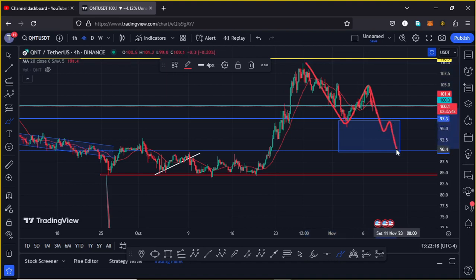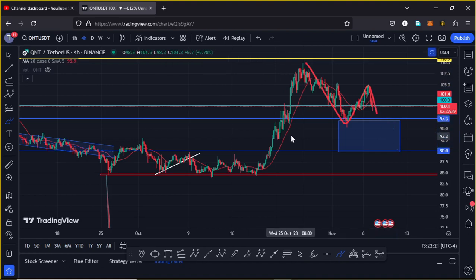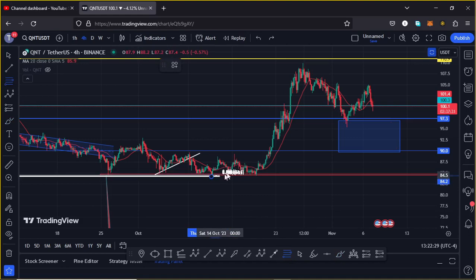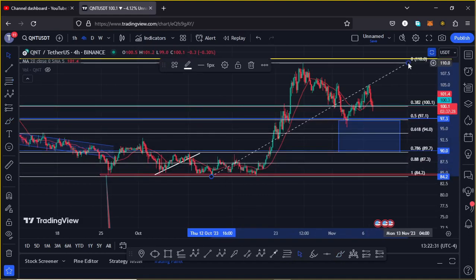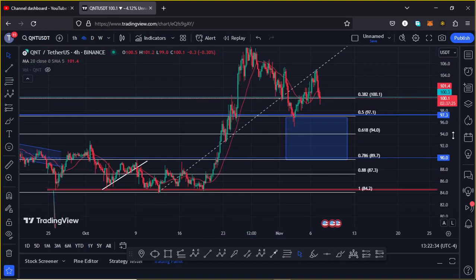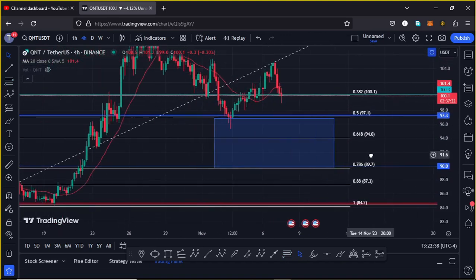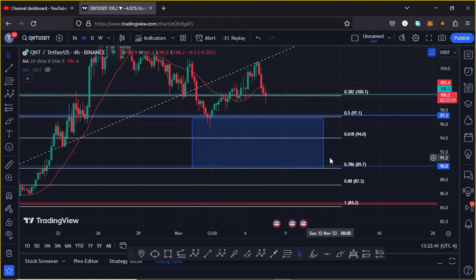The pullback would go into this blue target area over here, which is an area that I came up with using the Fibonacci, connecting the fibs from the low of the first wave down there, that is the low at around the $84.5 mark, to that high above the $110 mark, giving me a pullback target area between the fib level 0.5 and the fib level 0.78, and that is between the $97.1 mark and the $89.7 mark, which is an area within which I'm expecting this pullback to get us into, maybe fully maximize the target area.